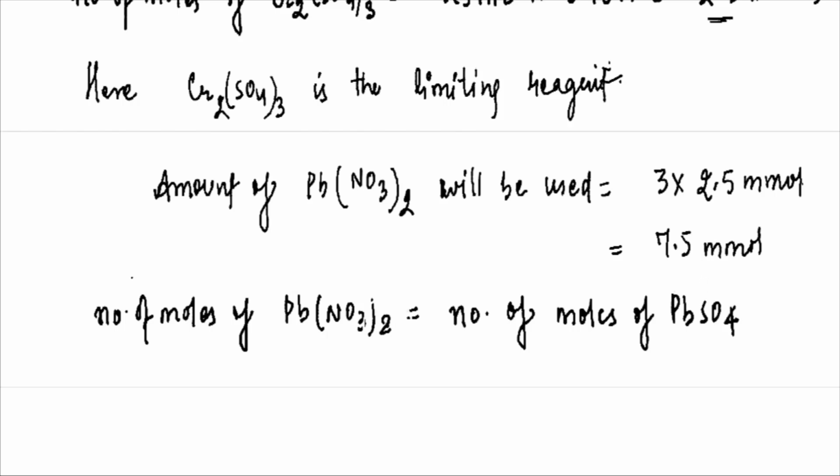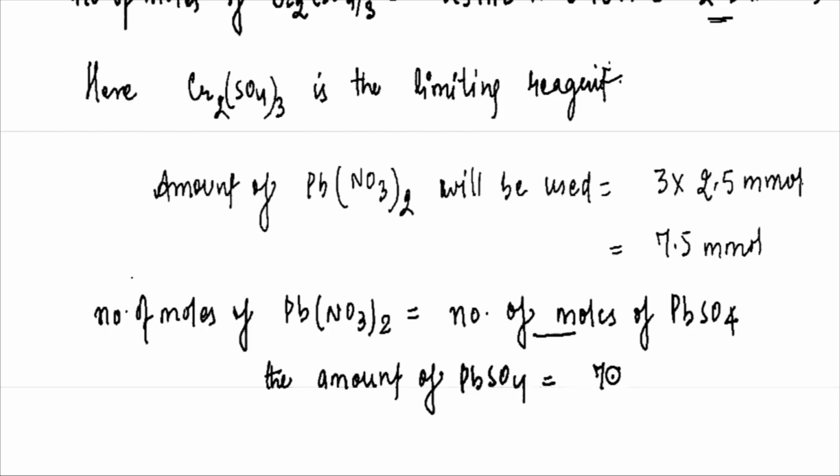So the amount of PbSO4 that we will be getting will be equal to 7.5 into 10 raised to the power minus 3 moles.